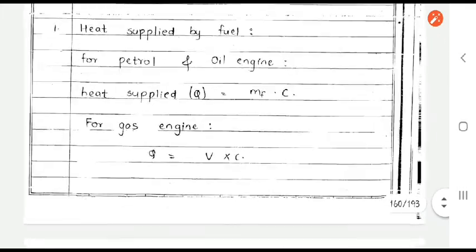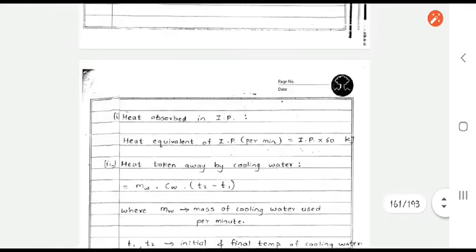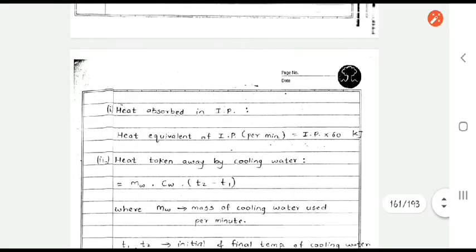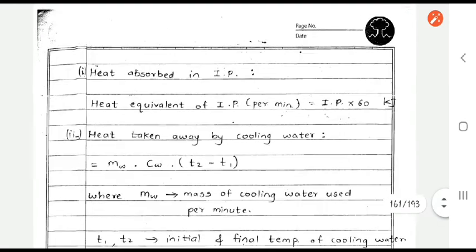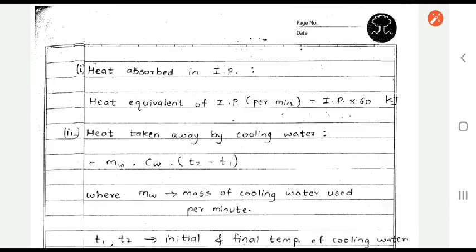Now under this heat supplied by fuel, the first sub-point is heat absorbed in indicated power. The formula is heat equivalent of indicated power per minute, equal to indicated power × 60, and its unit is kilojoule.